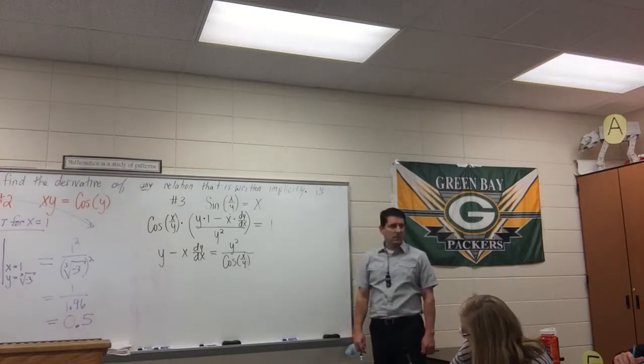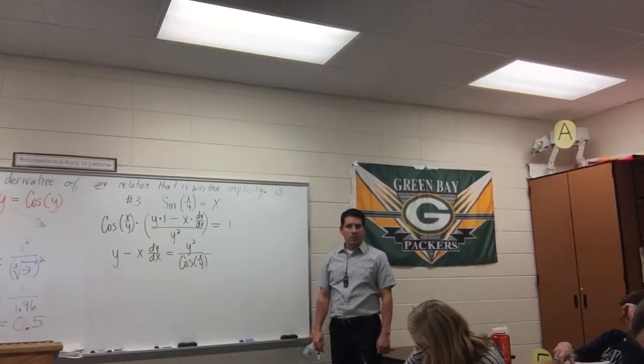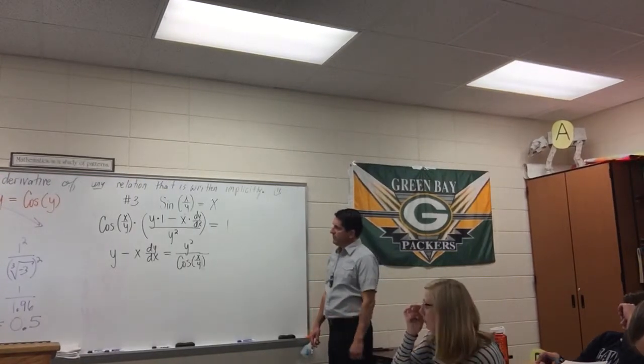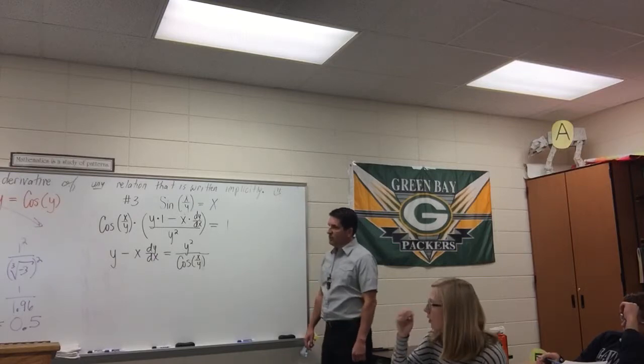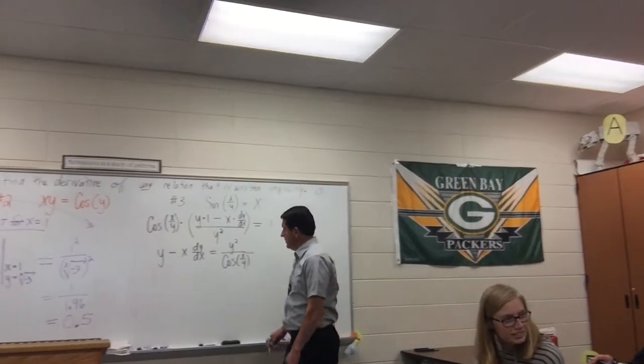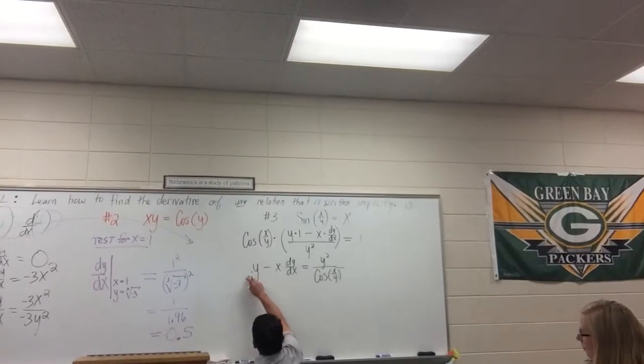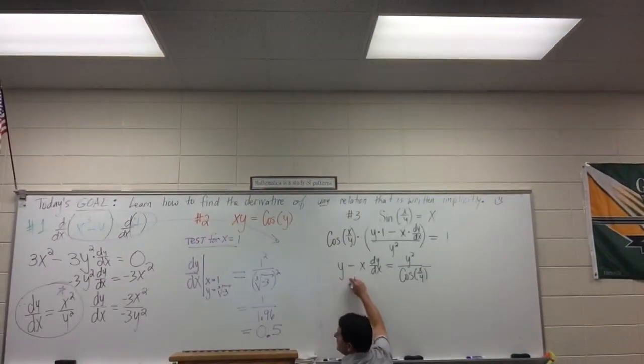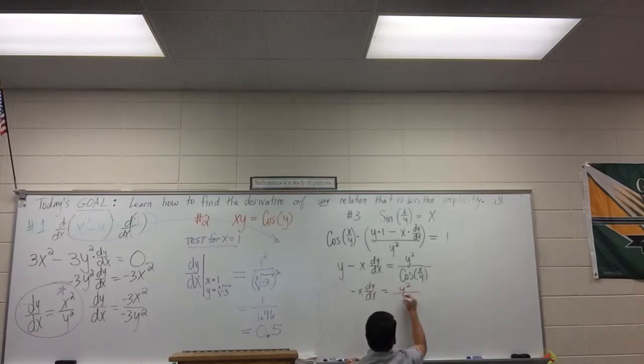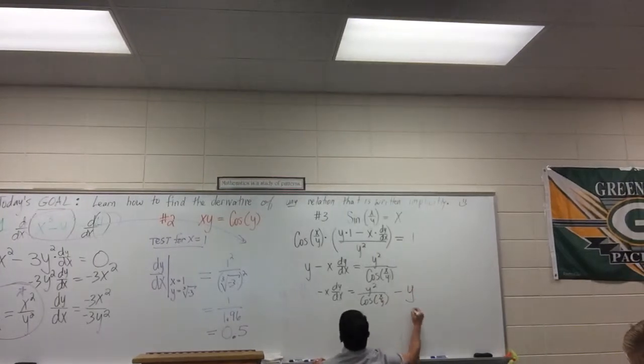Can you see it? This is just algebra. Okay, solve for dy/dx. And so, well, that just means it's a two-step problem. You learned two-step equations back in 8th grade. Subtract my y and divide by negative x. So, negative x dy/dx is equal to y squared over the cosine of x over y minus y.